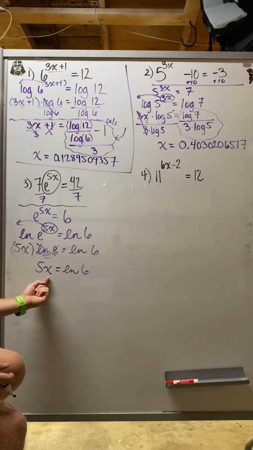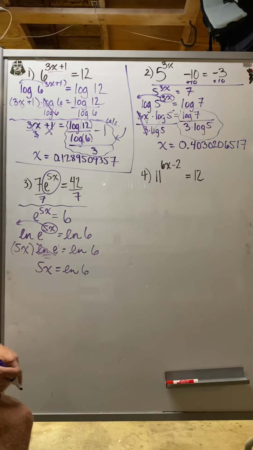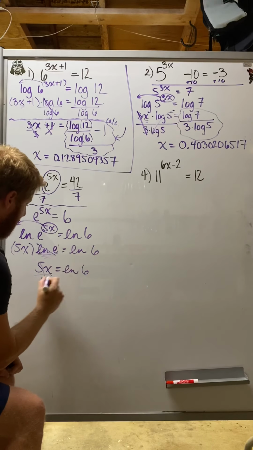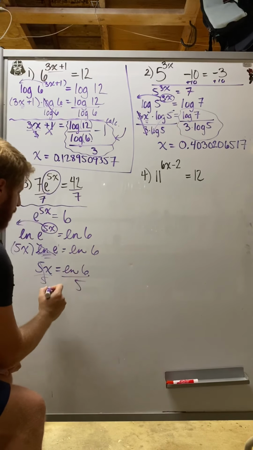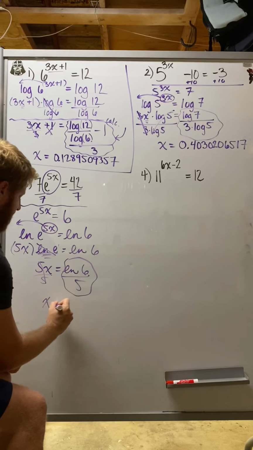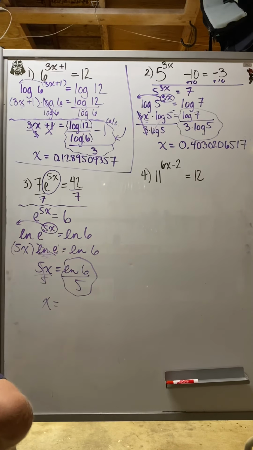All I have to do is get this x by itself. What is the 5 doing to your x? It's multiplying. So all we have to do to unmultiply it is divide it off. So what do we type into our calculator? That. What does that actually equal? Well, I don't know, so I'm going to have to figure it out.